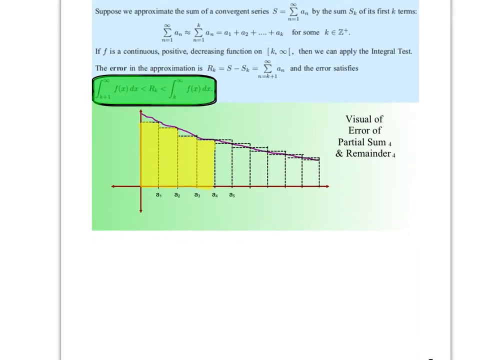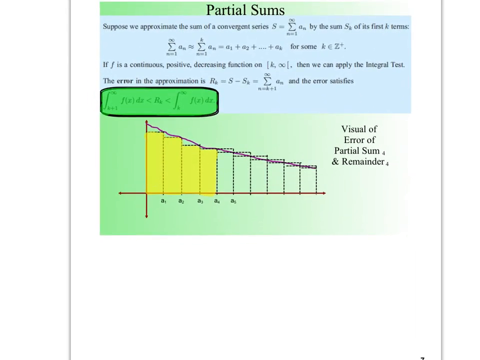Okay, so the partial sum, let's say this yellow space here is S4, right? It's the sum of the first 4 terms. Well, if I were to highlight the remaining in yellow, which I'm about to erase, that would be the remainder, right?